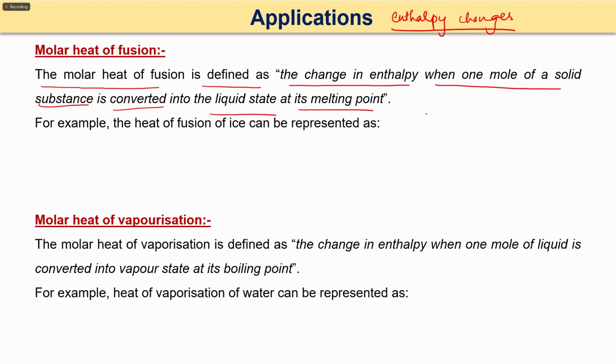Okay. Now let's say you have a solid substance. It's a solid substance and you have defined it as 1 mole. Now at the melting point, let's say your T is your melting point. If this is the case, then your solid will be converted into the liquid.